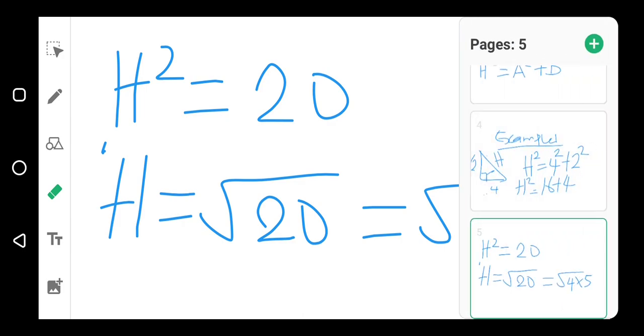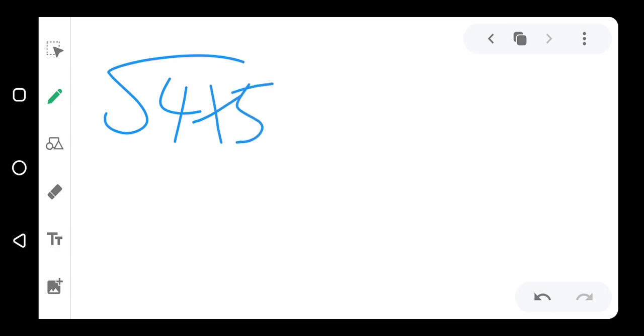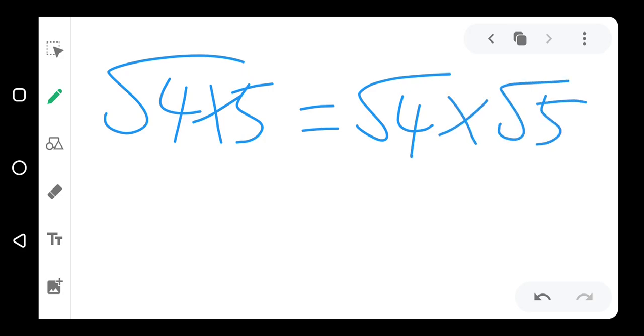Root of 4 times 5, which is 20, is the same thing as root 4 times root 5. This root covering 4 and 5 is the same thing as root 4 times root 5.